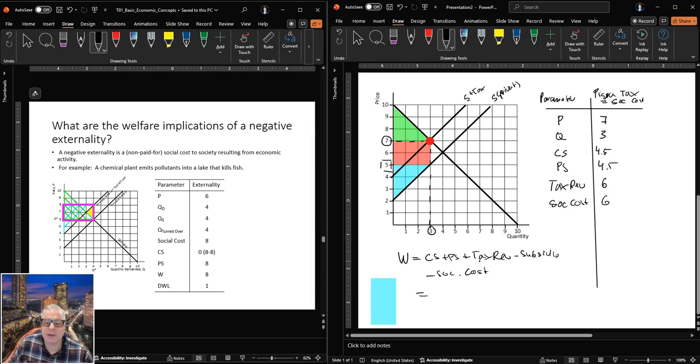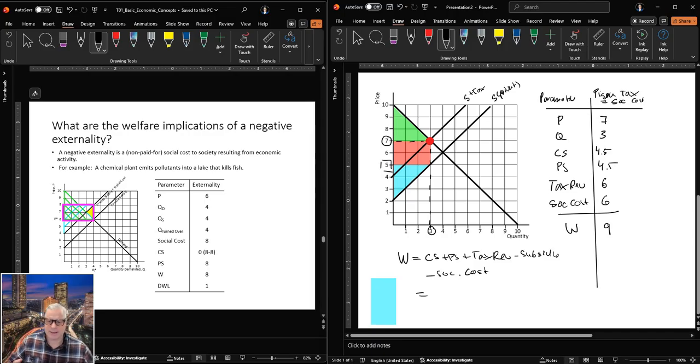Okay, so now we have here 4.5, 4.5, tax revenues 15, social cost minus 6, 15 minus 6, so welfare is 9, which is the social optimum.